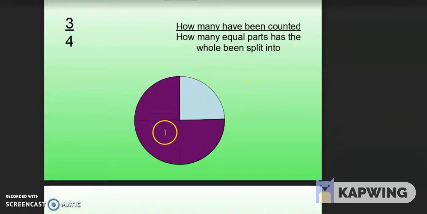That's what we counted. 3 out of the 4 parts that make the whole, because it was split into 4 parts, right? 1, 2, 3, 4. That's our denominator, or the equal parts that the whole is split into. And then it was the 3 of them that are counted, the 1, 2, 3 of them that are counted, so it's 3/4.